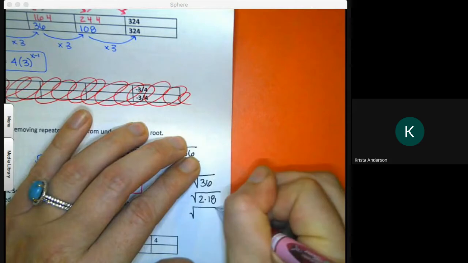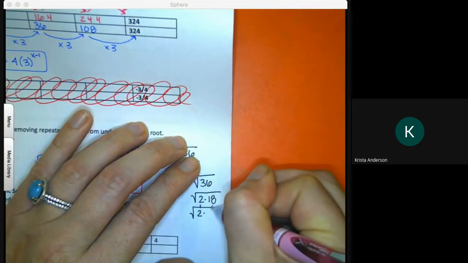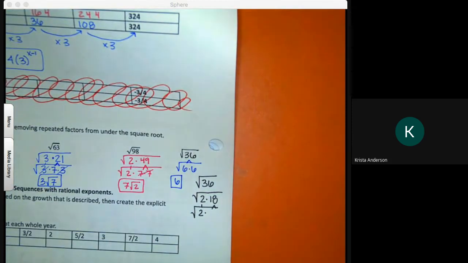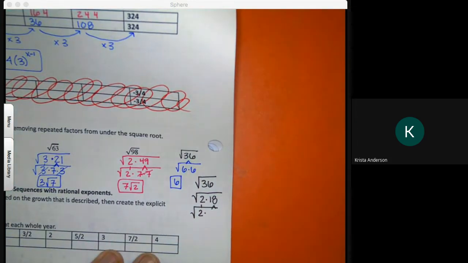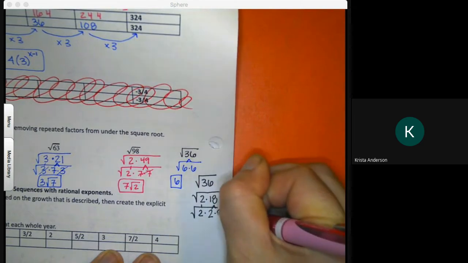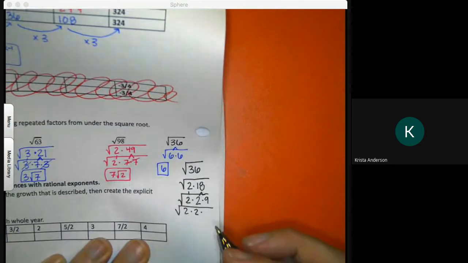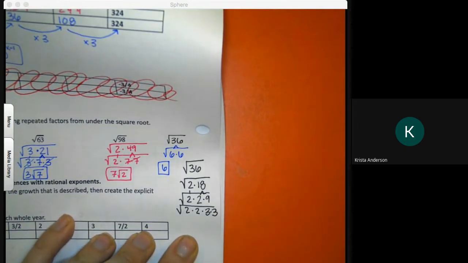Now, 2 wouldn't break down, but 18 would. What's 18 broken down? 2 times 9? All right. What does 9 break down to? 3 times 3.